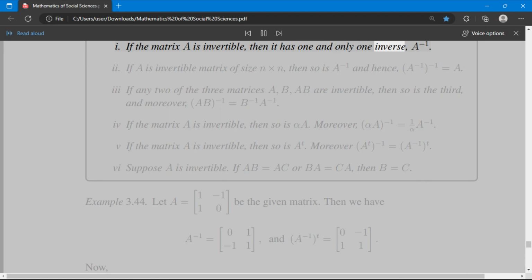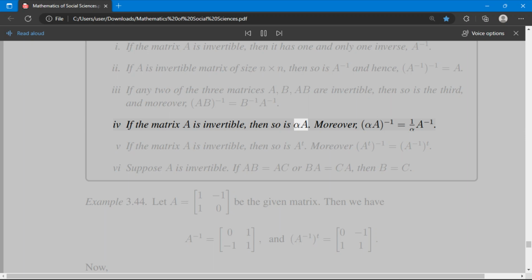If the matrix A is invertible, then it has one and only one inverse, A^-1. 2. If A is an invertible matrix of size n times n, then so is A^-1 and hence, (A^-1)^-1 equals A. 3. If any two of the three matrices A, B, AB are invertible, then so is the third. And moreover, (AB)^-1 equals B^-1 A^-1.